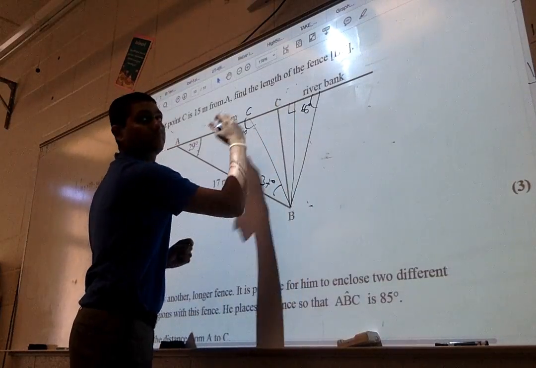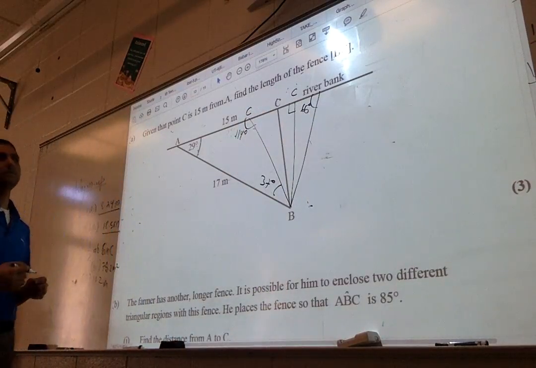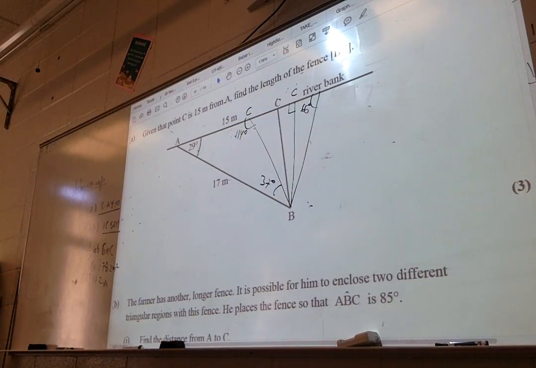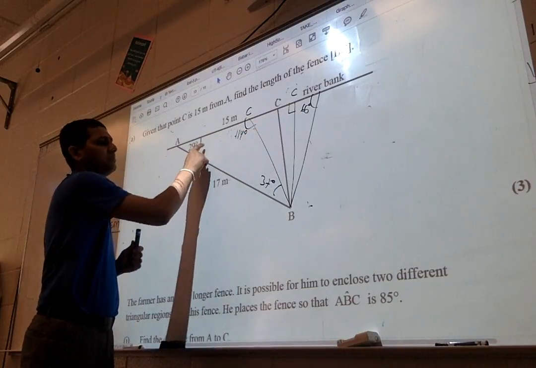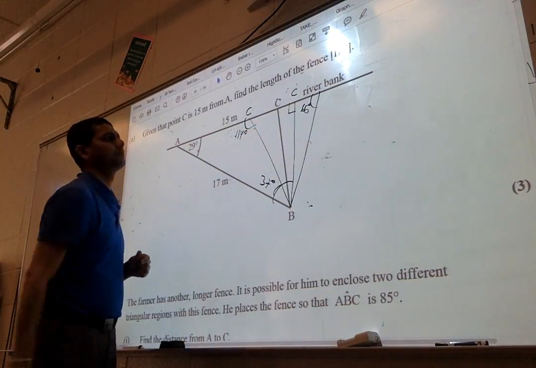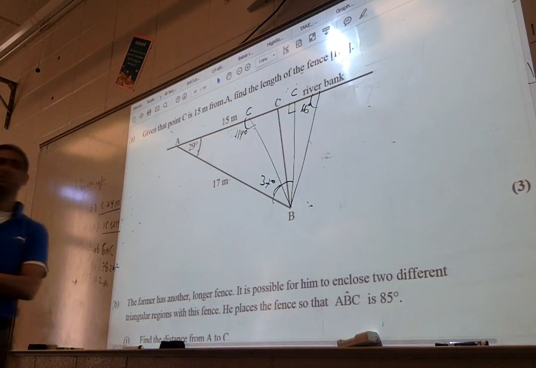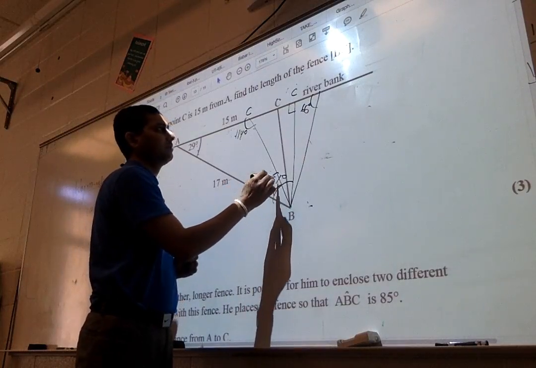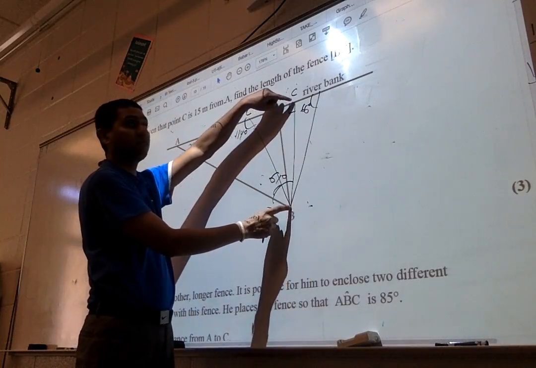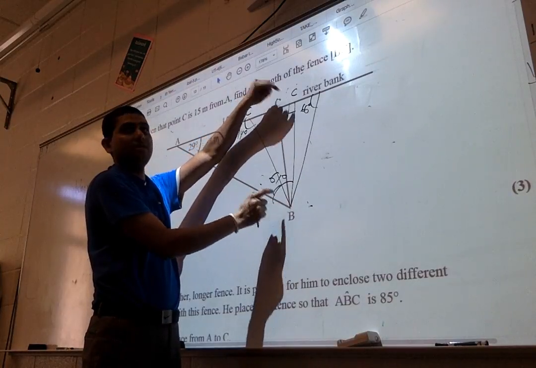So if it is perpendicular, if it is 90, if this is 29, then this will be 61 degrees. Now, he is asking for the minimum length, which means you are calculating BC now, not AC.